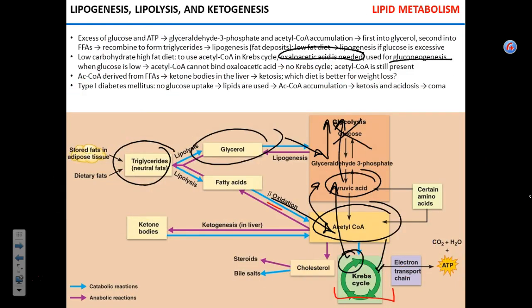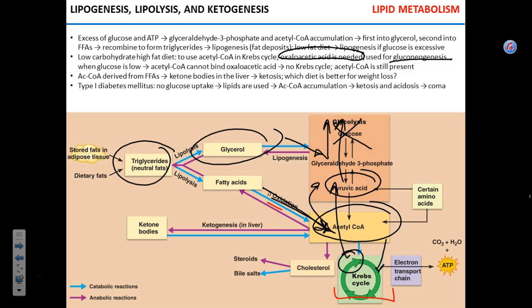So what's going to happen to the levels of acetyl-CoA as it is produced from fatty acids? They're going to go up, right? Acetyl-CoA is going to accumulate. But the problem is the Krebs cycle isn't running. You do not produce electrons, you do not feed your electron transport chain, you do not produce ATP. So you've got to do something else.